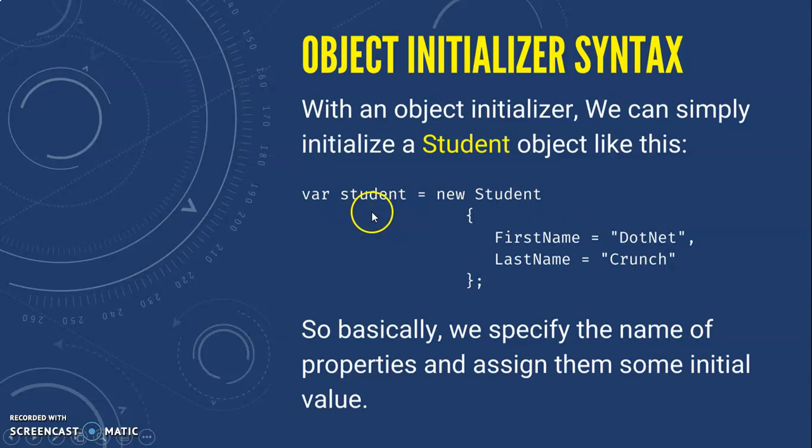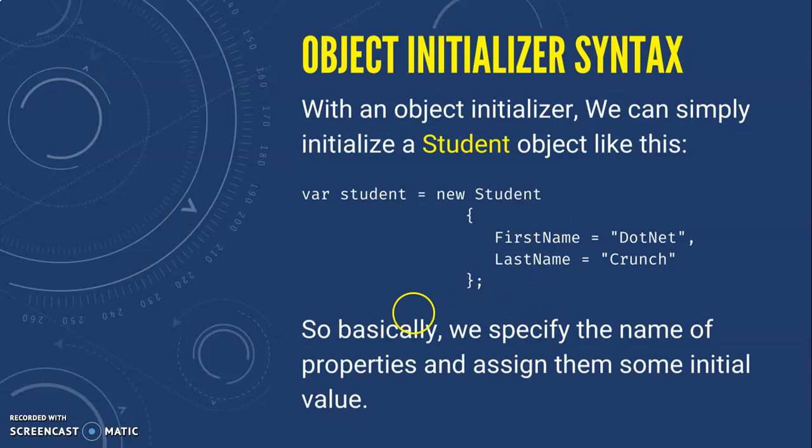In the old way, if we had to do this, we used to write Student student = new Student, and then brackets, and in the brackets I have to pass the parameters, right? Over here we are not doing that, and this is the syntax for an object initializer.